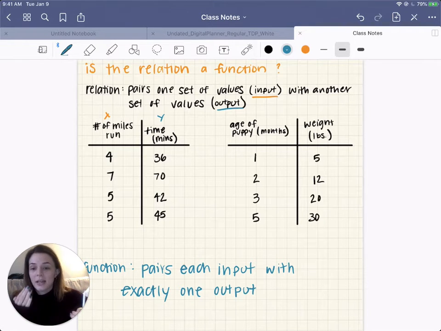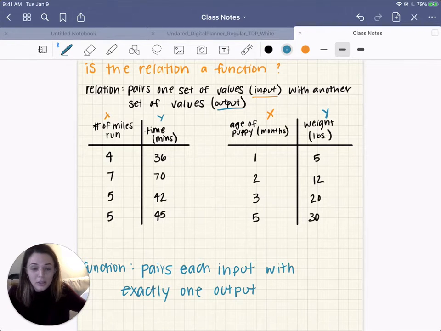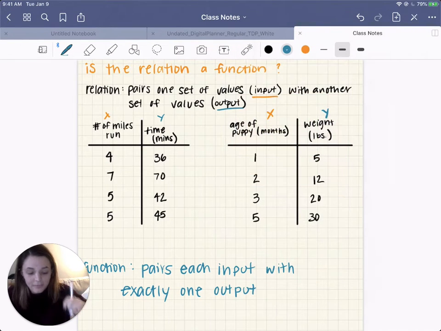A relation is anything that has an input and an output. This next table is a different example of a relation. This time it's relating the age of a puppy, which is the input in months, to its weight in pounds, which is the output.